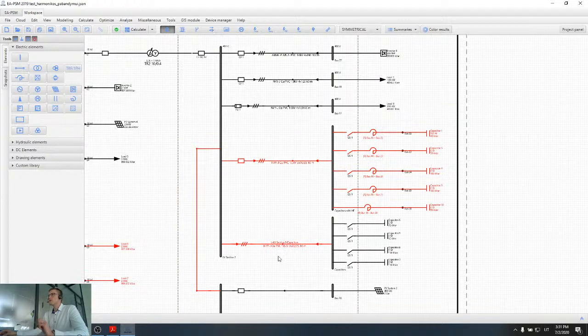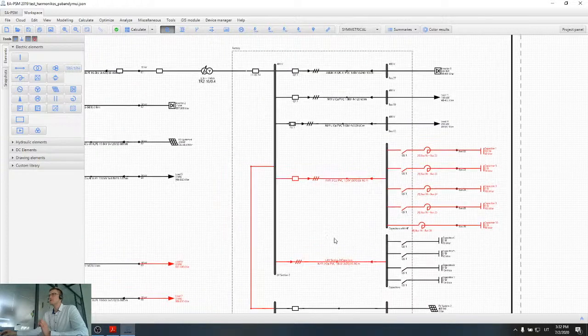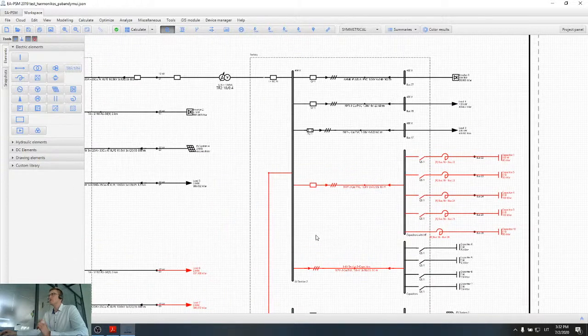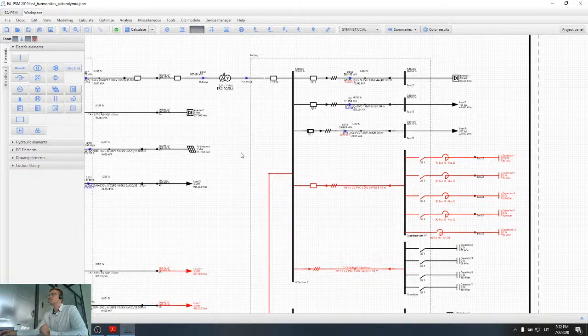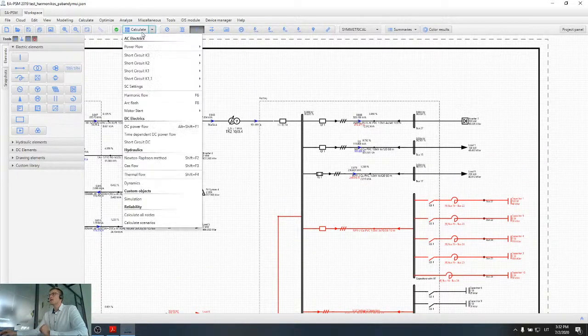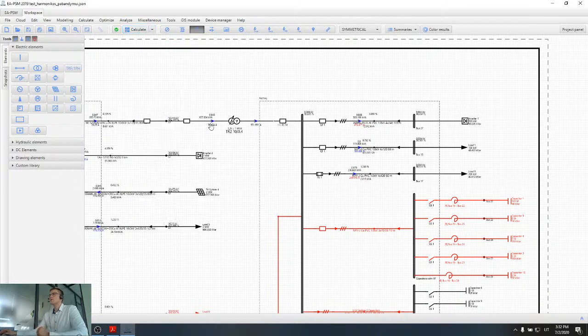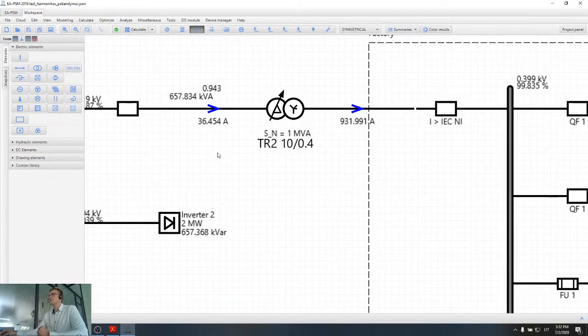So the first calculation that I would like to do is what is the voltage and current in the network at 50 Hz frequency value. So I will calculate power flows. I can use my keyboard as well to do the calculations and to get the result.